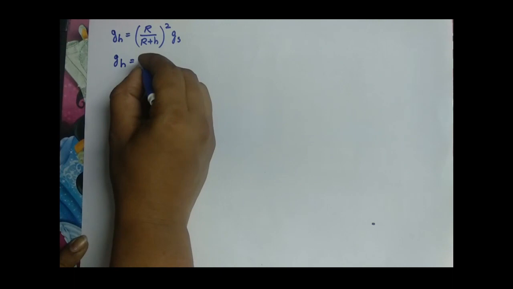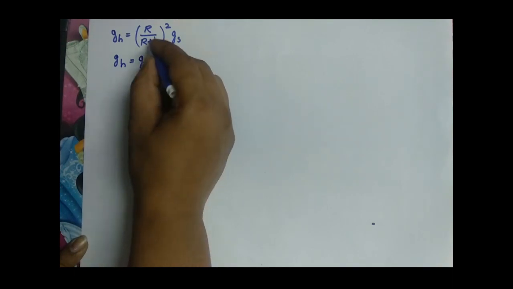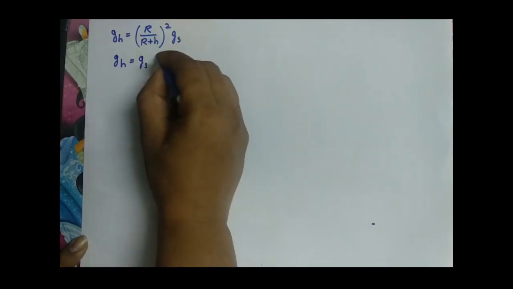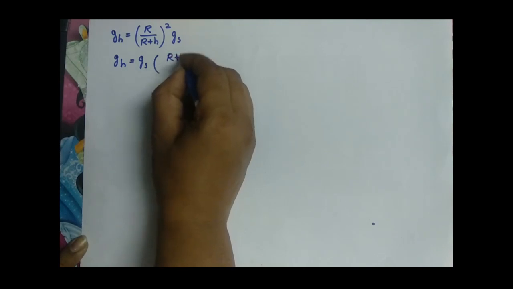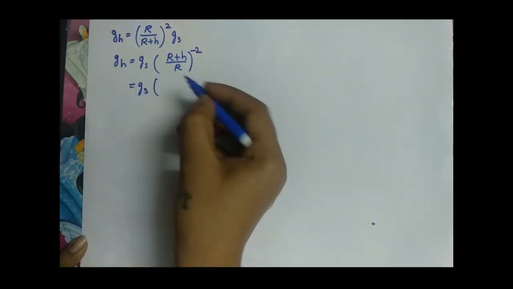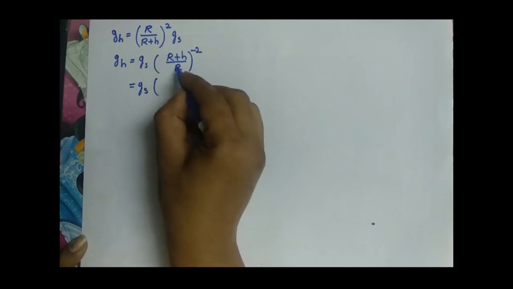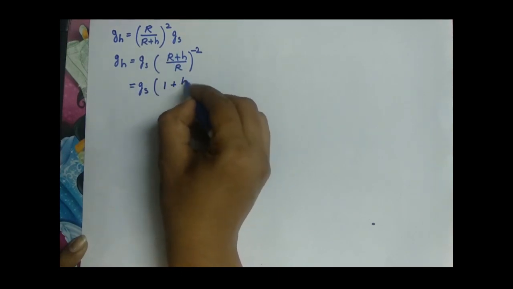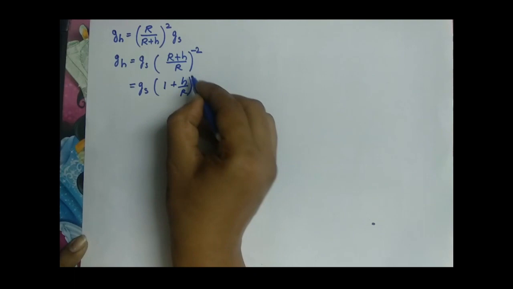GH, I will take G suffix S this side, and I'll take a reciprocal of this, that is R plus H divided by R. So the power will become -2. Next, GS, R by R is 1, then H by R raised to -2.